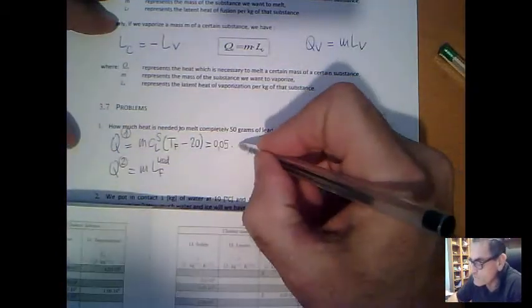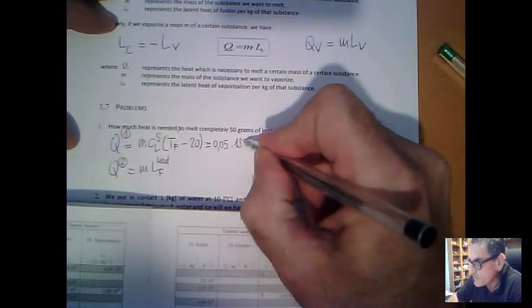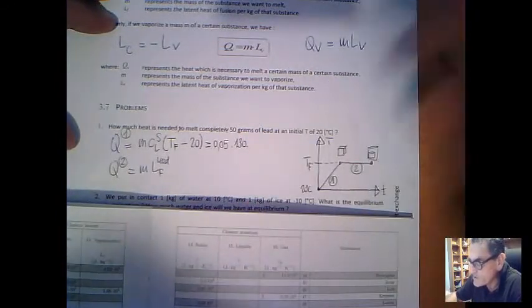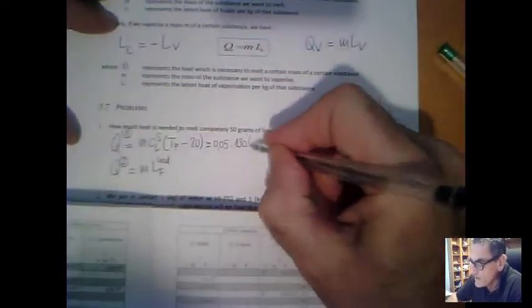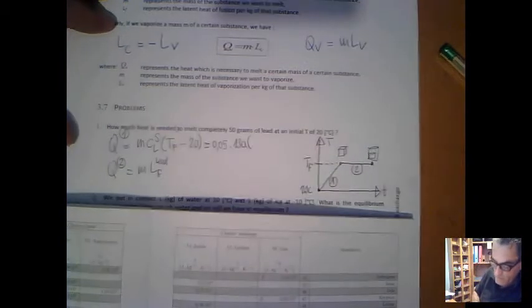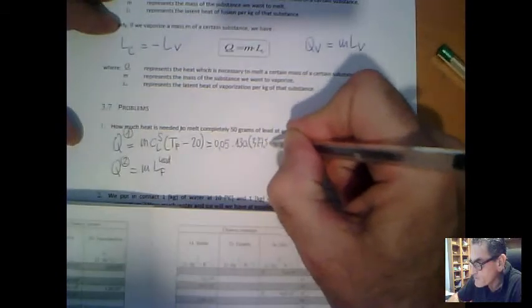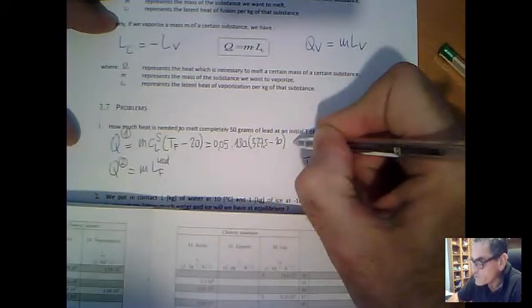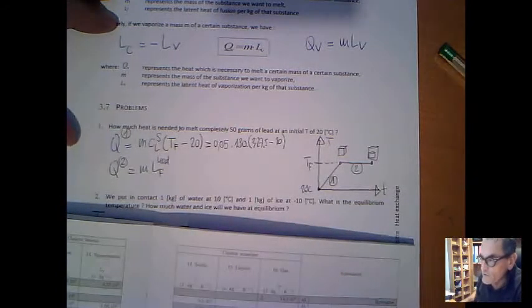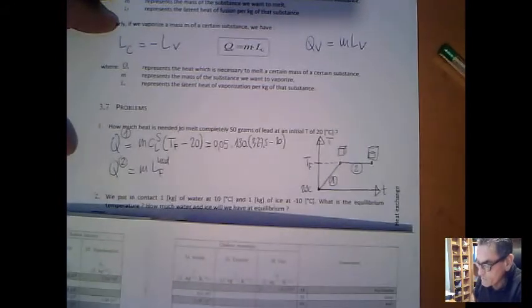I think we took 130 until now, because the table you have in this course gives you 130. And then we have our fusion temperature, 327.5 minus 20, and that is going to give us a result which we are going to compute in a minute.